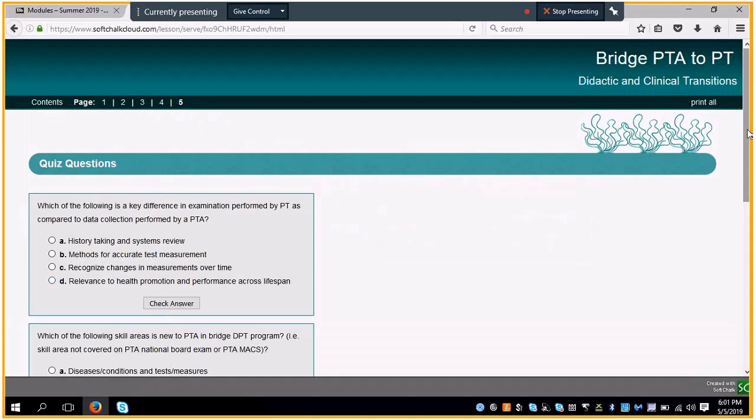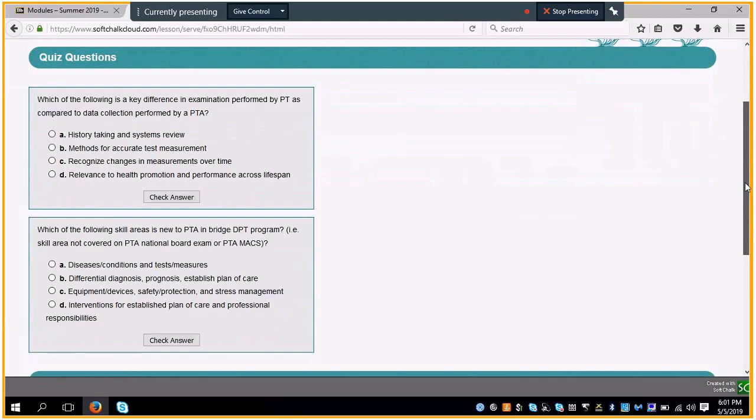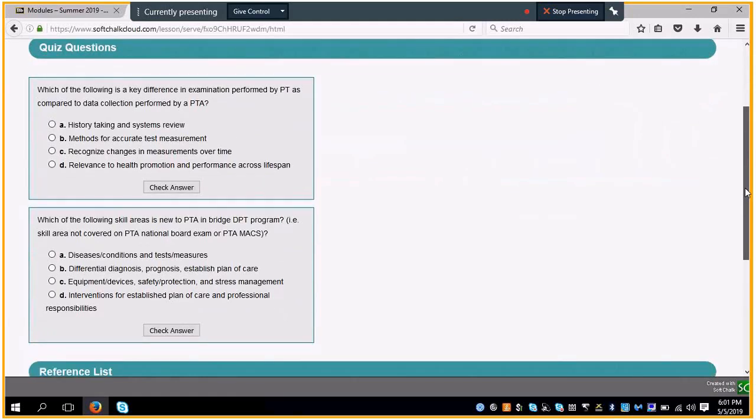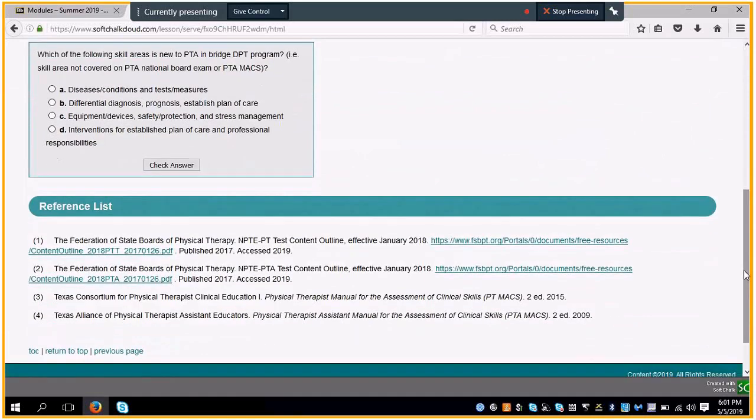Okay, so I'll let you take just a short, brief couple of self-check quiz questions. And then if you want to look at more detail, the board exam content outlines, and I believe you linked to these in your professional issues course as well, are here if you'd like to go and look at more detail of the test content outline.